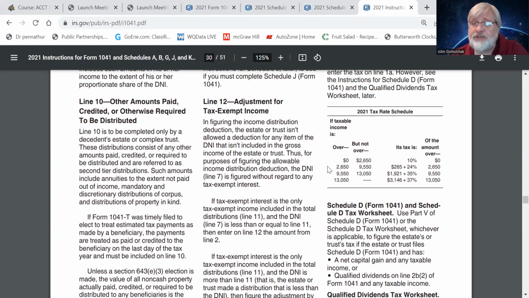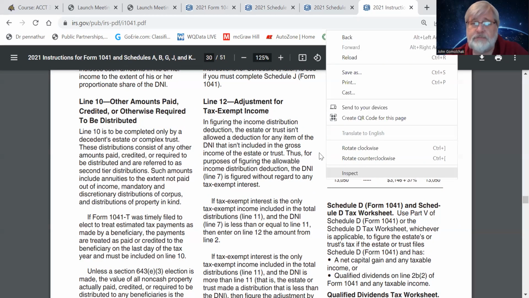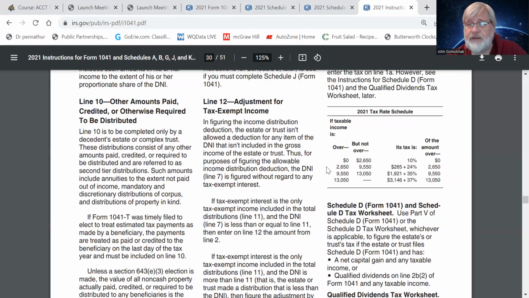So it's going to be $265 plus 24% of everything over. Oh, wait a minute, I'm sorry. Down, actually, we're down here, 13,000, the top bracket. No, wait a minute. I was doing the 14,000. The 4,700 is in this bracket. I was exactly right. So 4,700 minus 2,650 is going to be $2,050.